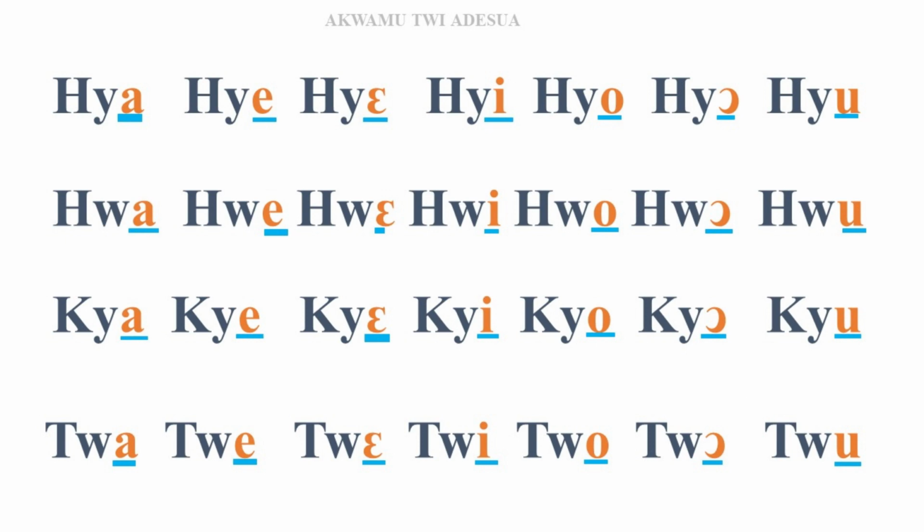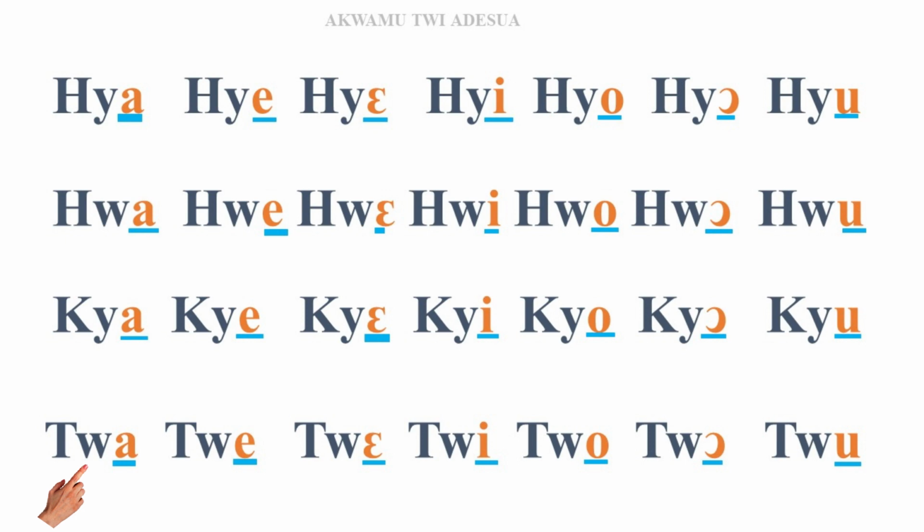The next one is the special character that we talked about in the previous lesson, T and W. We also said that it gives the sound ch. So adding the vowels to it, the first one will be cha, because we are adding the vowel sound a to the ch.